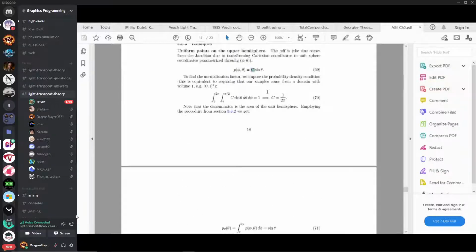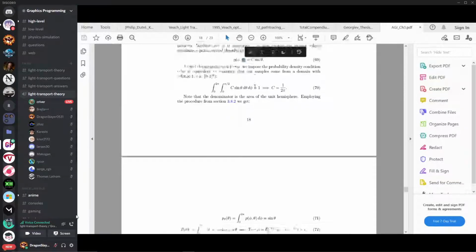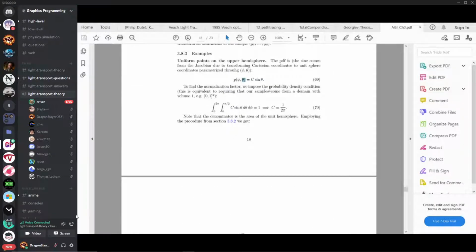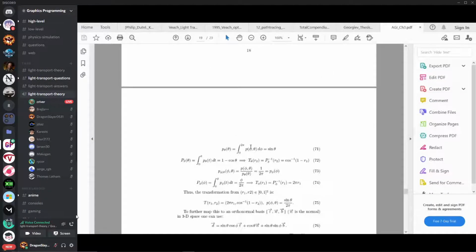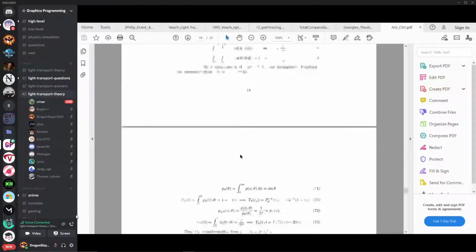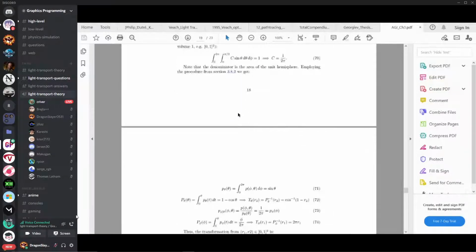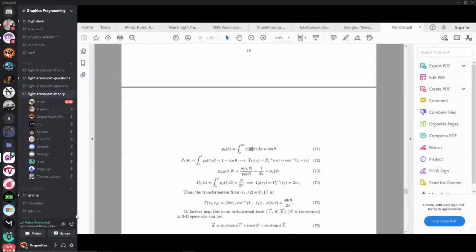We have a probability density function of two variables, phi and theta, and we want to integrate one out. And this is the unit hemisphere, so your variables vary from 0 to 2 pi, and from 0 to pi divided by 2. Let's integrate out, say, phi.